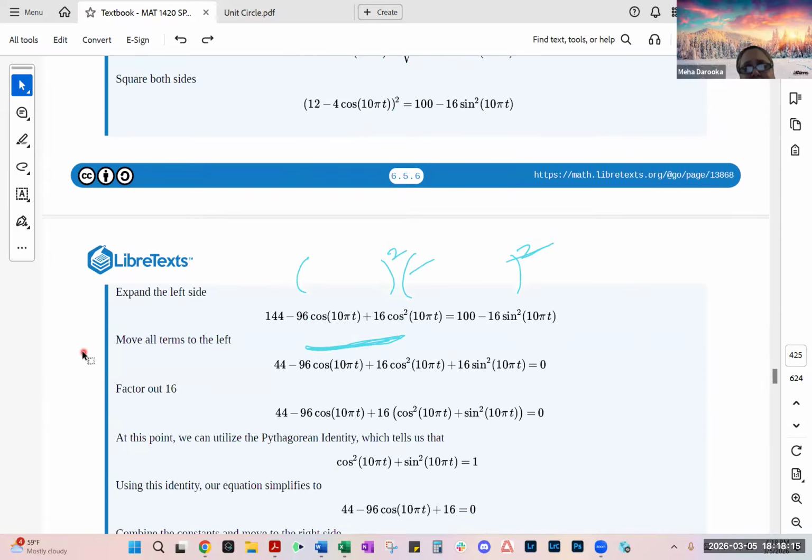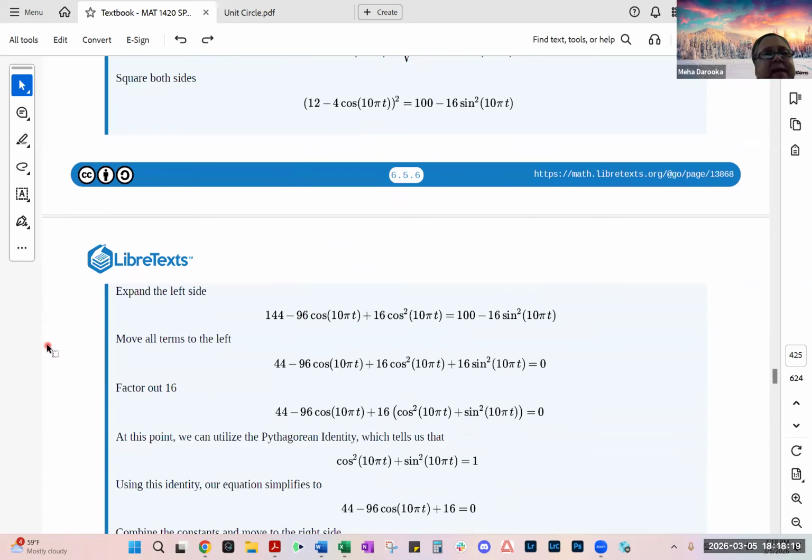So of course, you can use FOIL to do that math. And again, just to refresh your memory, we are doing 12 minus 4 times cosine of 10 pi t multiplied into itself. So think of this as one single term.